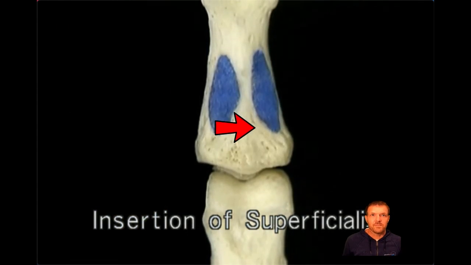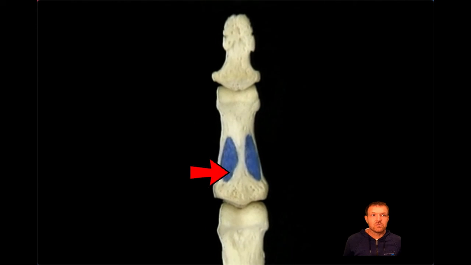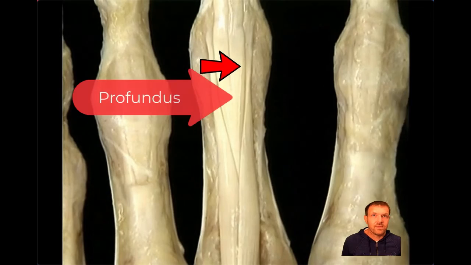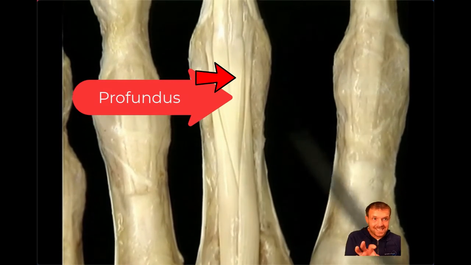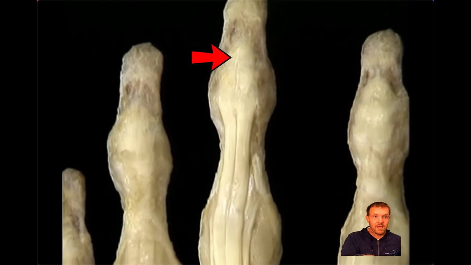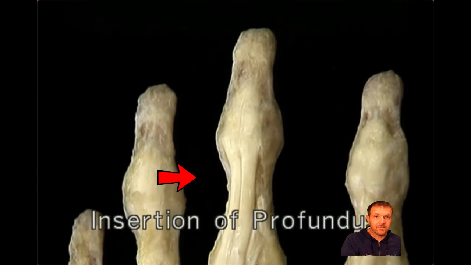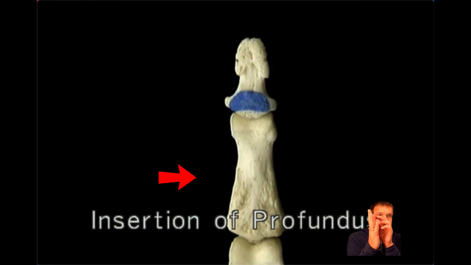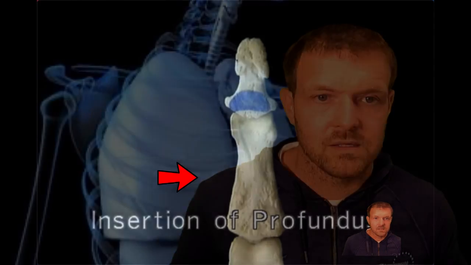Okay, so it's around that middle phalanx, so just after that joint line, and then that's profundus, so that's the deep one, and that continues to the tip of the finger, and that is really important because superficialis stops before. Let me just get back onto the big screen.